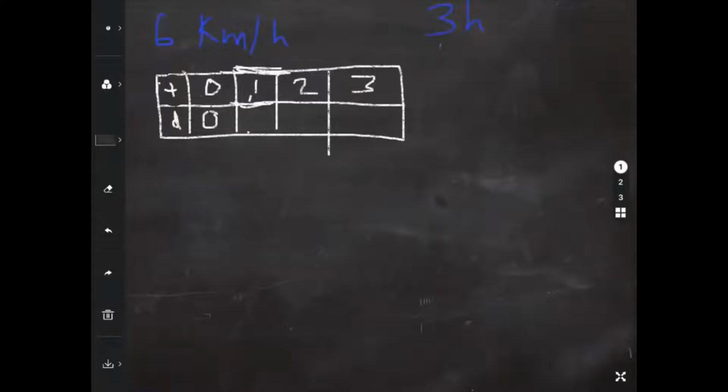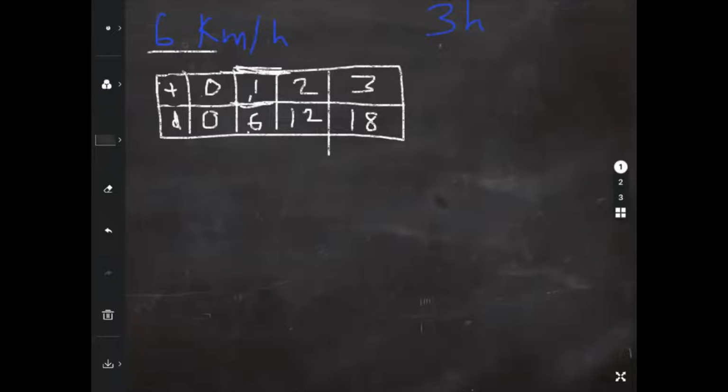We've traveled 6 kilometers, 6 kilometers for every 1 hour. We know that this is our rate of change, so it's going to be going up by 6 after every hour. So 2 hours will be 12, and 3 hours will be 18. We've got a table of values there.